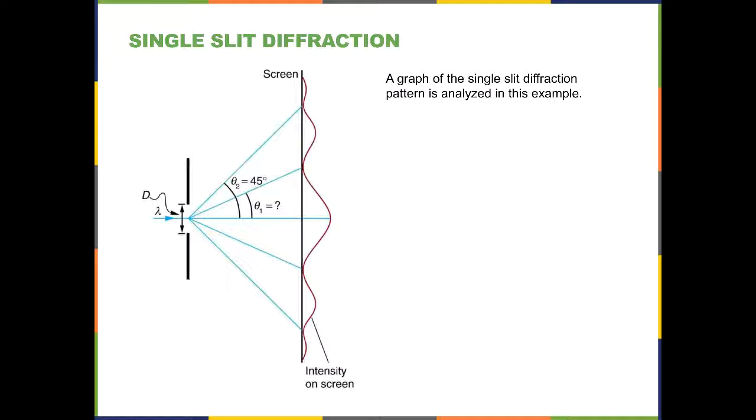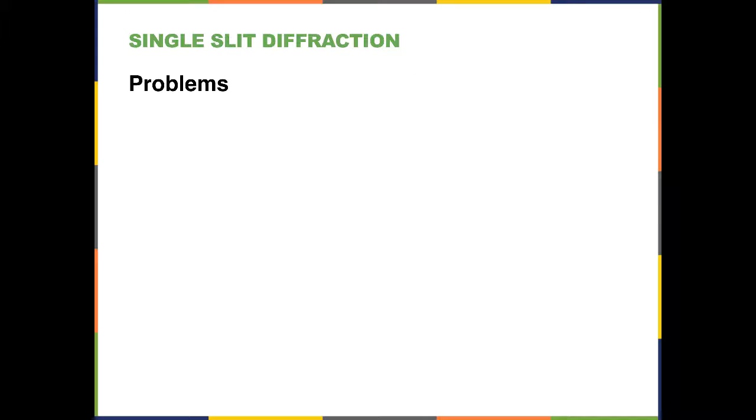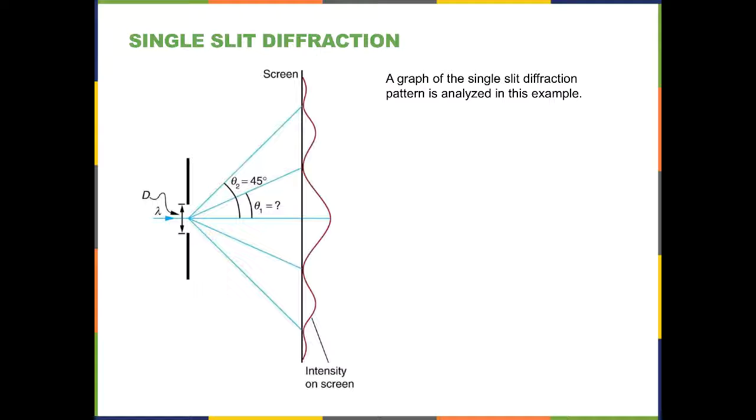A graph of a single slit diffraction pattern is analyzed in this sample. What we have here, you're passing through d, here's lambda, so the central maximum is here, the first theta is here, and it's going to be lambda over d for sine theta.